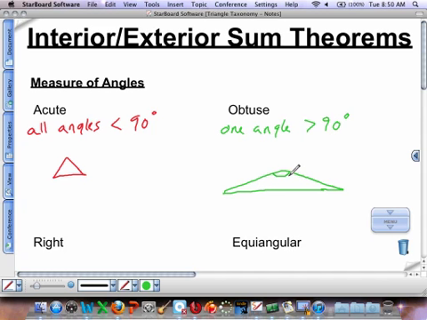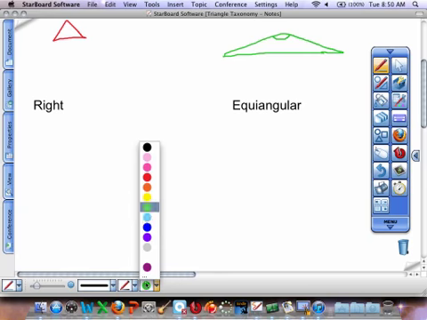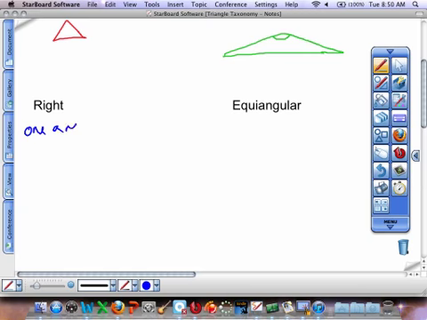All right, so Alyssa, tell me what a right triangle is. So one of the angles is 90 degrees. One angle equals 90 degrees. All right.